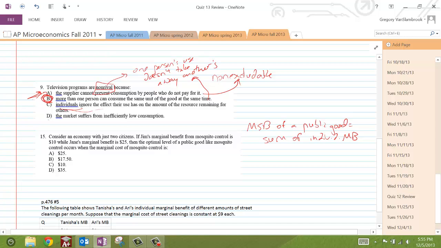So Jim gets $10 out of mosquito control, and Jane gets $25. That means that society, these 2 citizens, Jim and Jane, are getting a total of $35 of marginal social benefit from mosquito control.